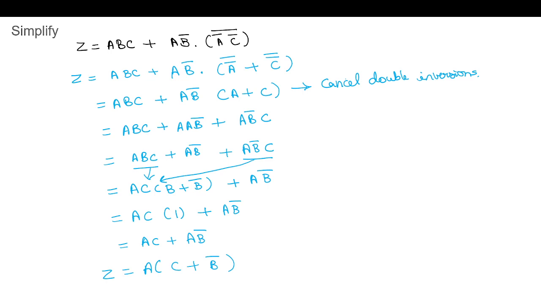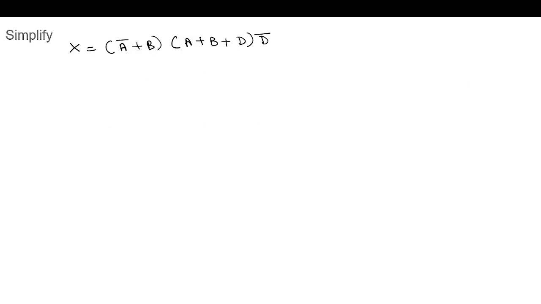Now let's simplify our second expression, which is A complement plus B, and A plus B, or D, and with D complement. X is equal to A complement plus B, multiplying the D complement inside: A D complement plus B D complement plus D D complement. And you know D D complement is 0.